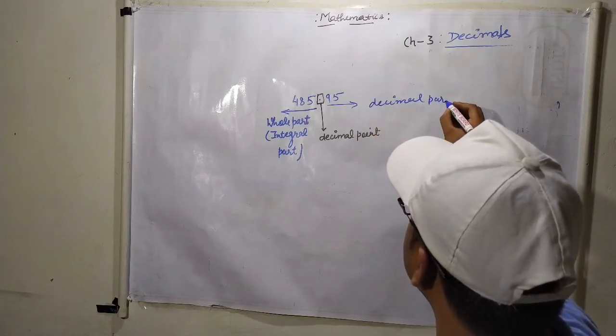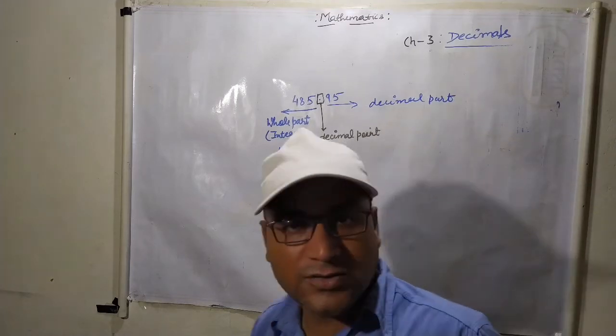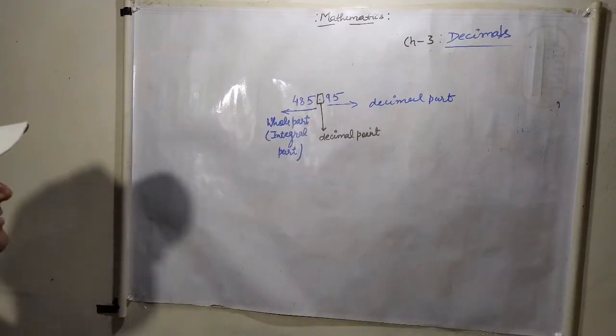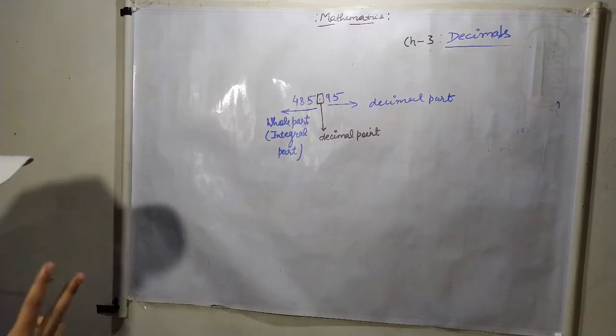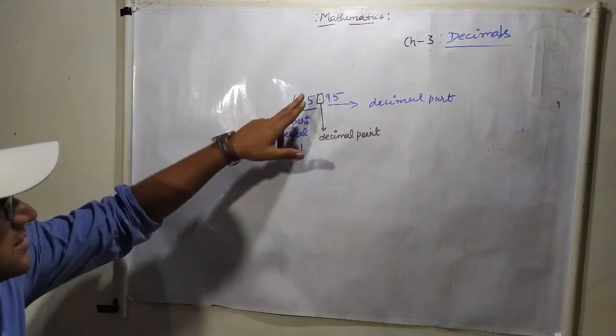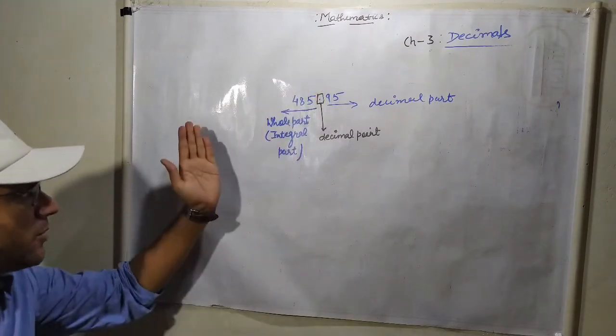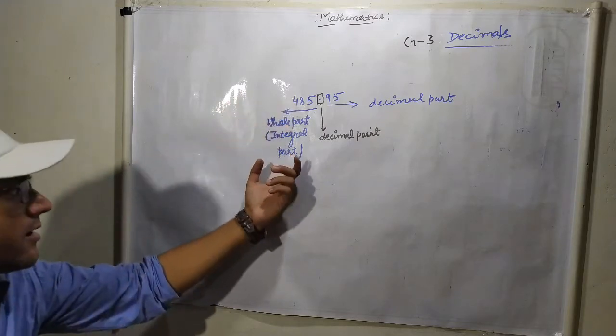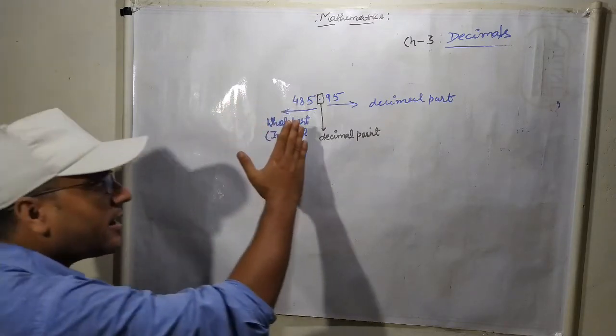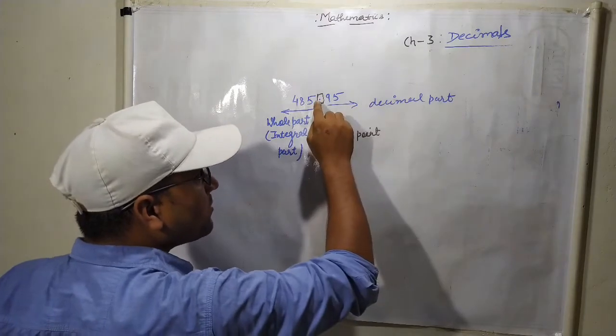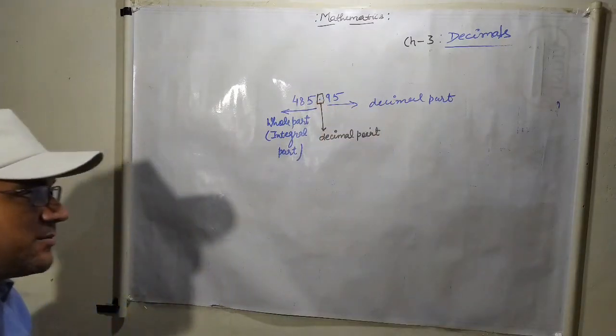So basically this decimal number consists of three parts: the decimal point, before it the whole part or integral part, and after it the decimal part.